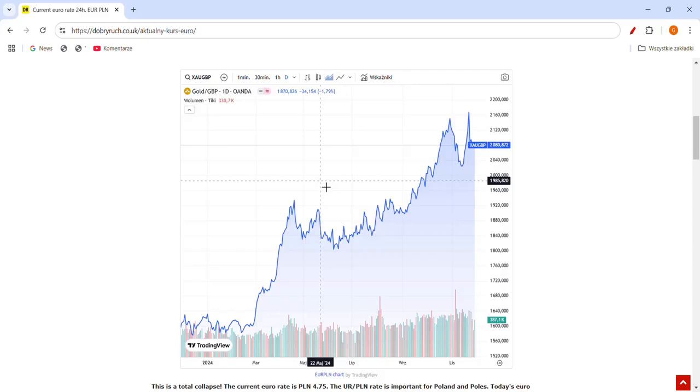There is more and more British pound around the world, which means if there is the same quantity of gold, as there is not enough gold around the world and there is a limit of gold around the world, and if you print so much British pound without covering it with gold, that means the British pound must lose to gold.